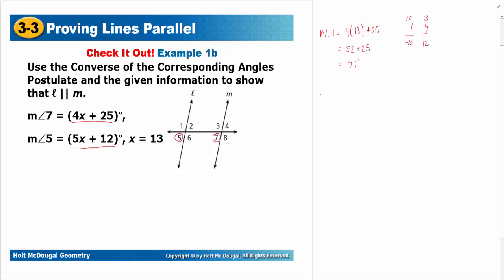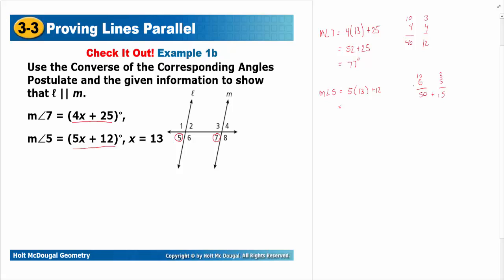Now we come down and look at measure of angle 5. Do the same thing. That's 5x plus 12, and I'm trying to get 77. So I'm going to go 5 times x, which is 13, plus 12. I'll do 10 times 5, which is 50, and then 3 times 5, which is 15.